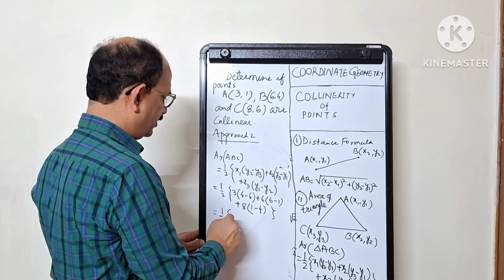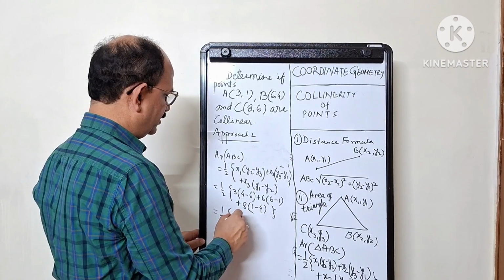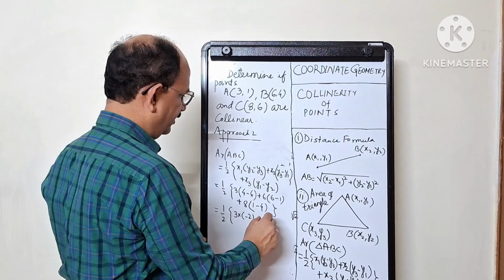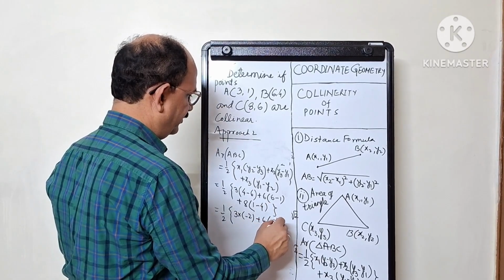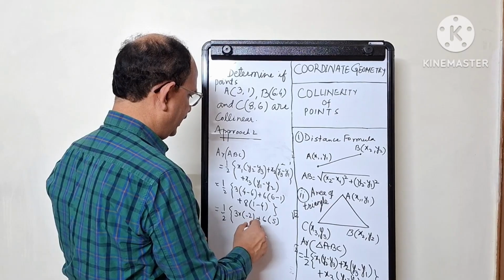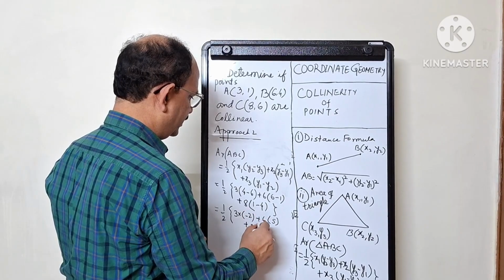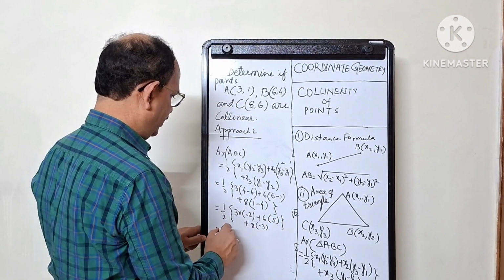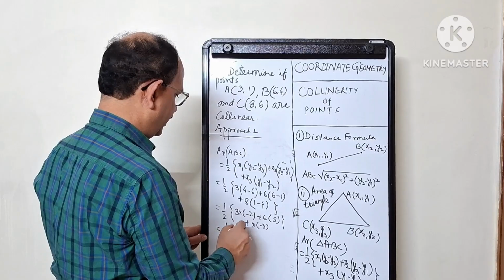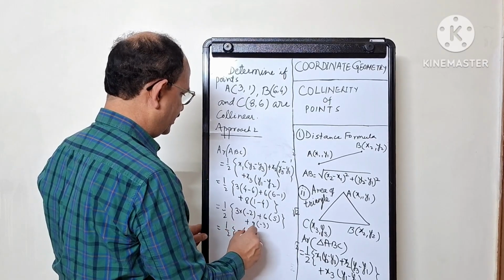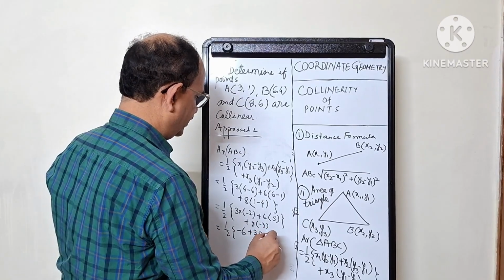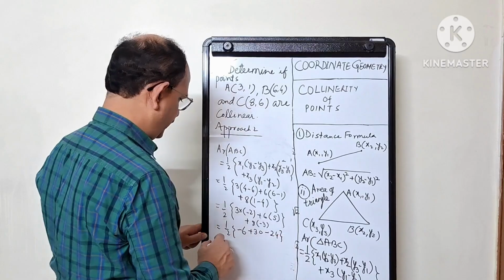So this becomes equal to 3 times minus 2 plus 6 times 5 plus 8 times minus 3. Okay. So then you get minus 6 plus 30 minus 24.